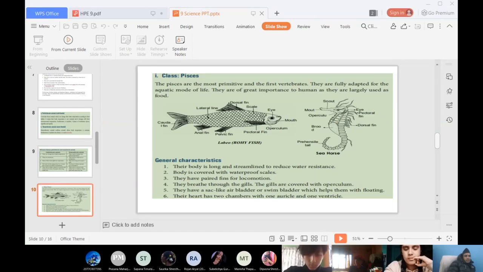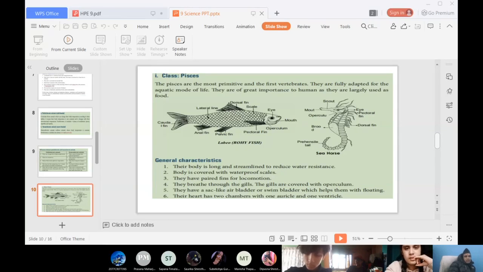Next one, when they are young, they breathe through gills. When they become mature, they breathe through skin or lungs. In their early stage they possess gills, but later the gills disappear and lungs develop.